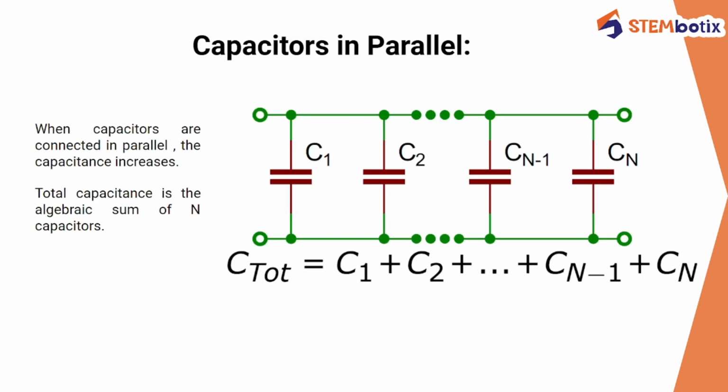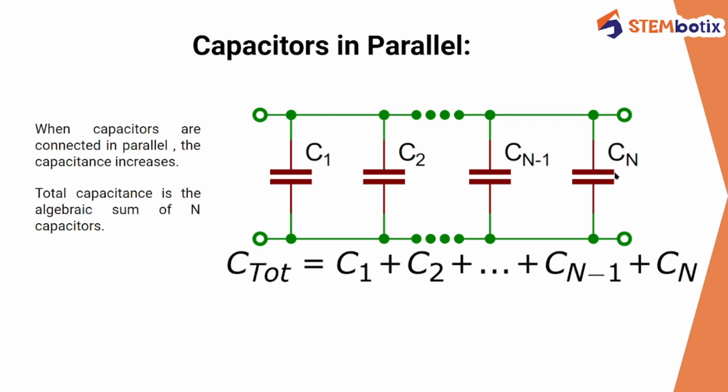Whereas capacitors in parallel share more than one common node. Here this is a common node, and also this is a common node between C1 and C2, hence they are connected in parallel. So C1, C2 up to Cn minus 1 and Cn are connected in parallel.